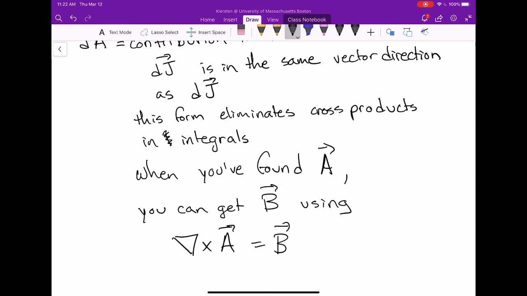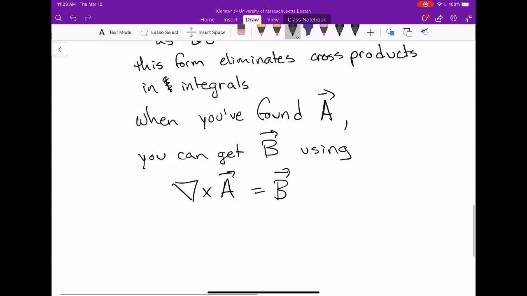In general, this is a good replacement for figuring out the magnetic field using the Biot-Savart law in the same way as the electric scalar potential is a good substitution for doing a Coulomb's law problem.